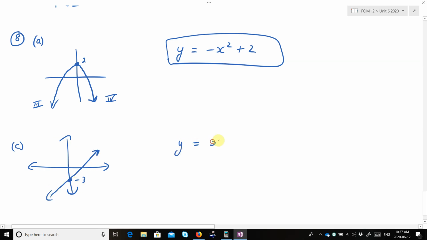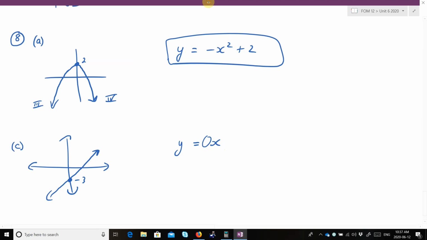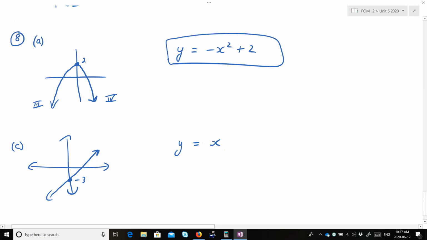Y equals a positive x to the 1, positive slope out here of, I have it as positive 1, and the y-intercept is negative 3. So that's an example that could work, which is what they have in the back.